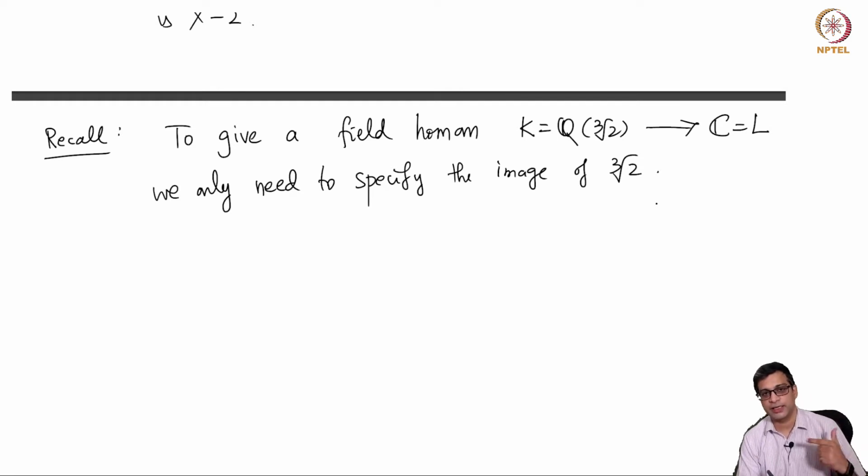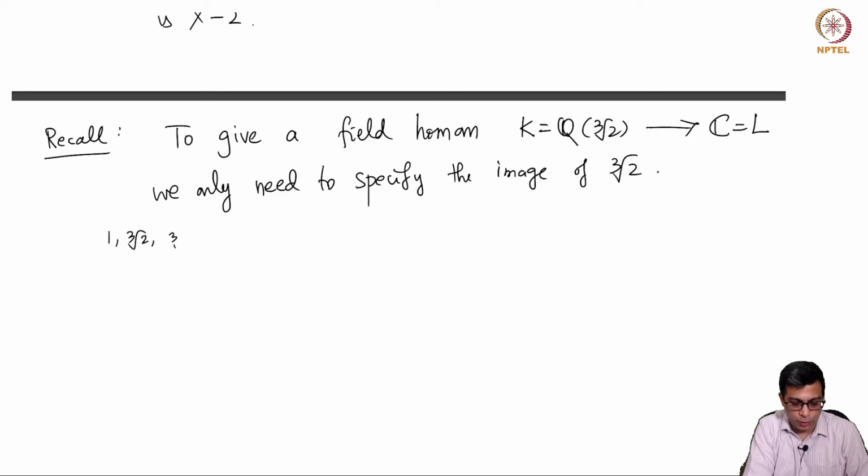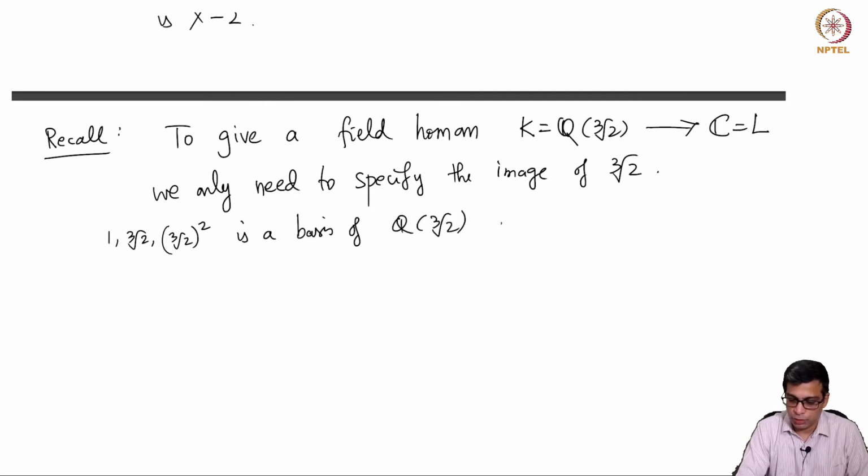Once you specify that, the fact that it is a field homomorphism determines every other image. This is because 1, cube root of 2, cube root of 2 square is a basis of Q adjoined cube root of 2 as a Q vector space.